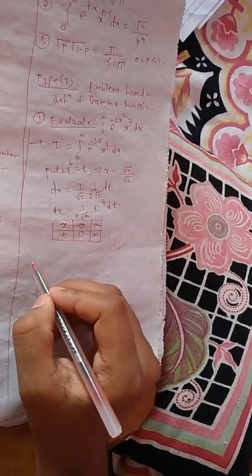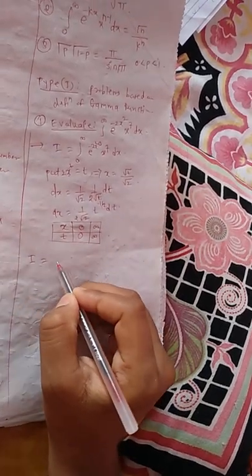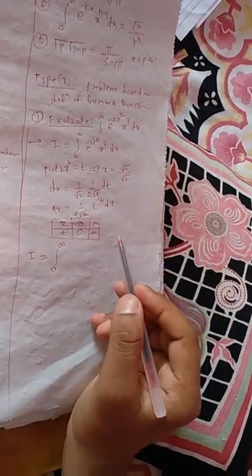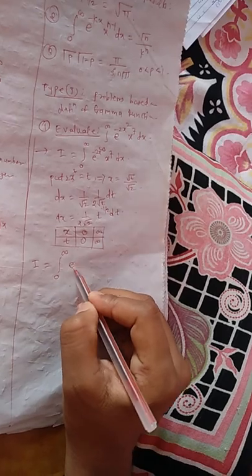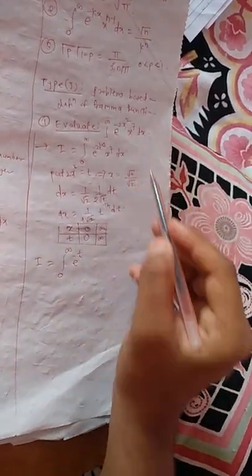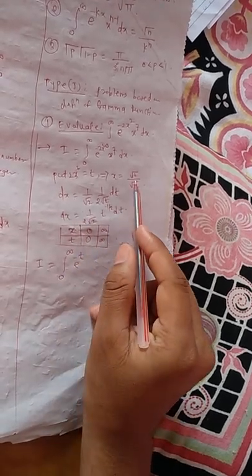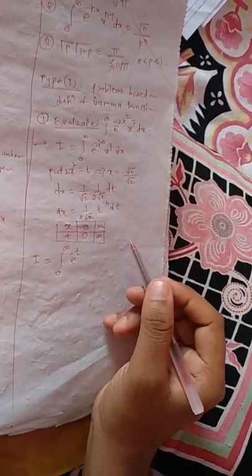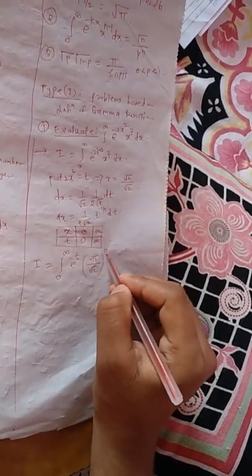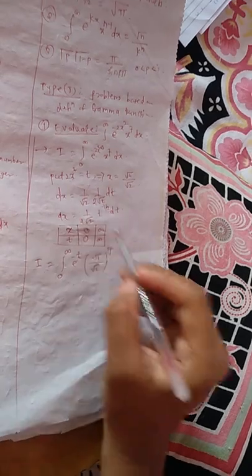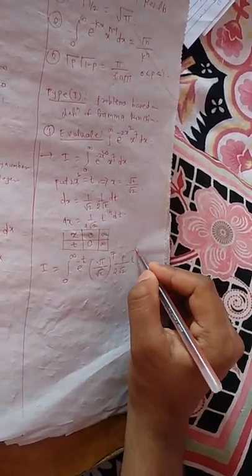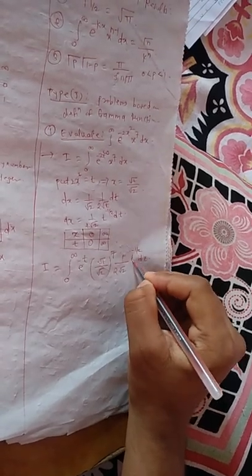Rewriting that integration, I is equal to integration from 0 to infinity, I already replaced 2x square by t, so it becomes e raised to minus t, x raised to 7, replacing this x by root t upon root 2, so root t upon root 2 to the power 7, and dx is replaced by 1 upon 2 root 2 t raised to minus 1 by 2 dt.